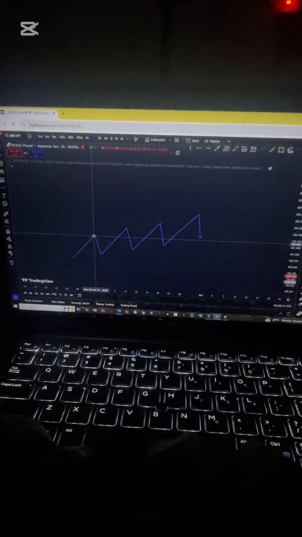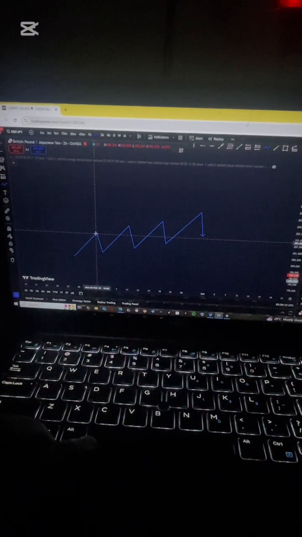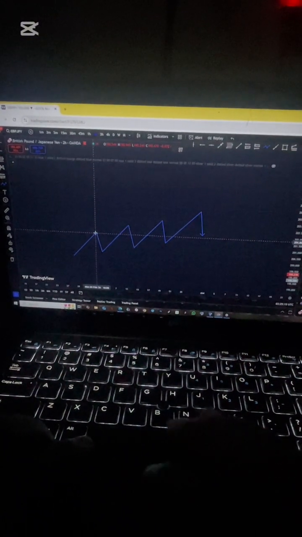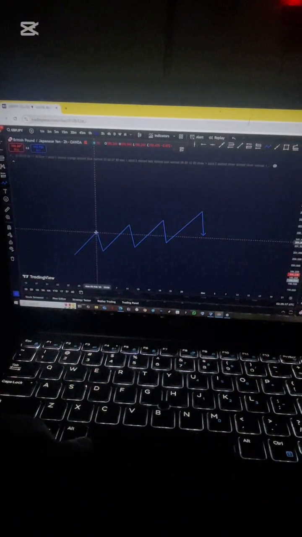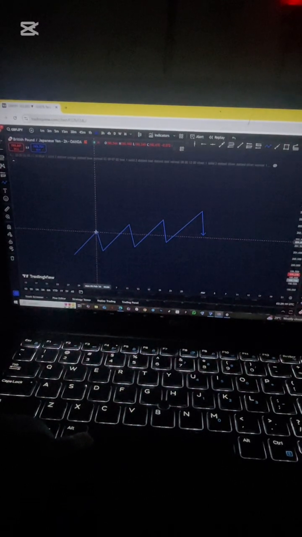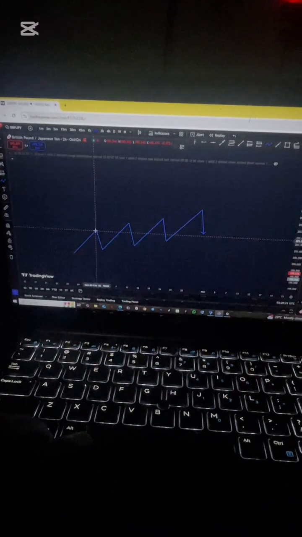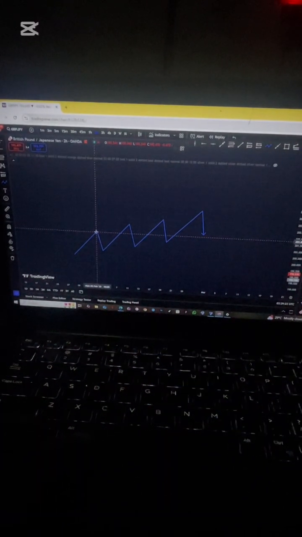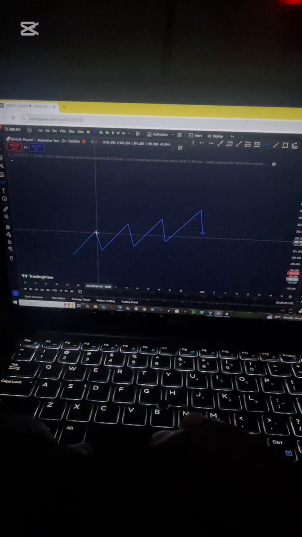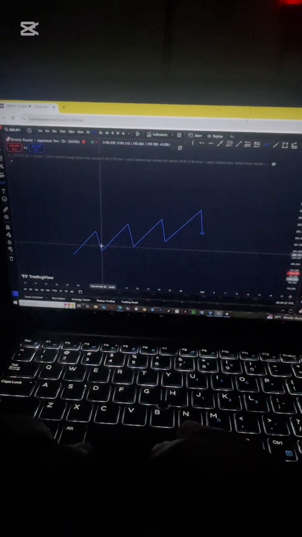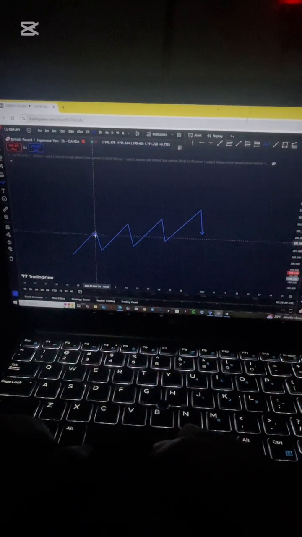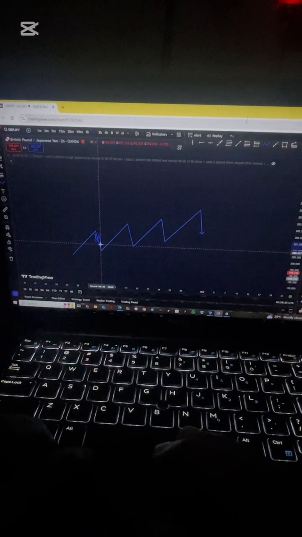The pullback might be like this. You might see something like this. Big structure.